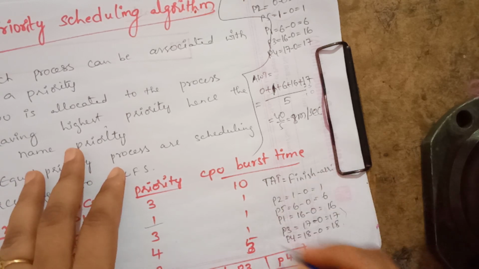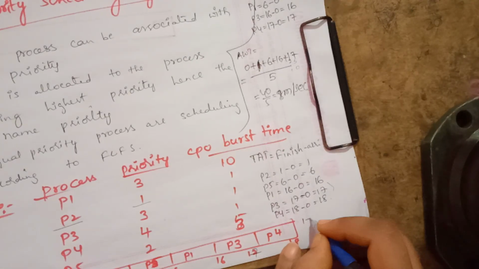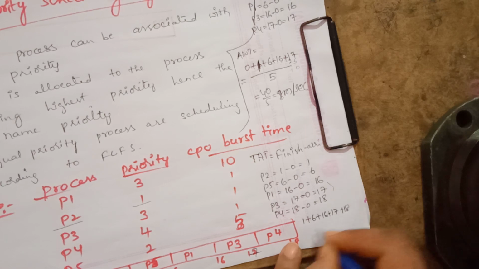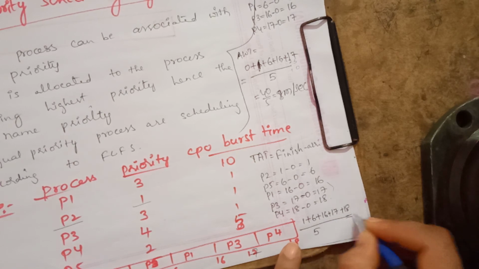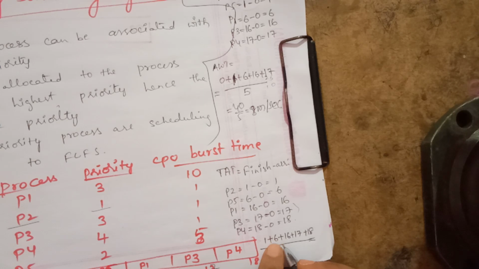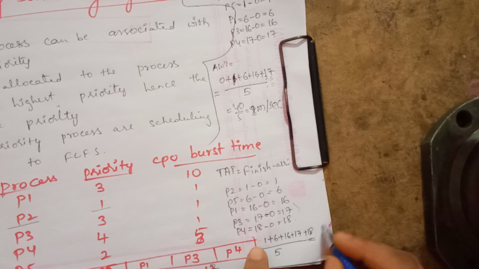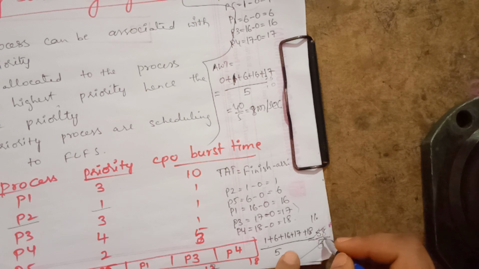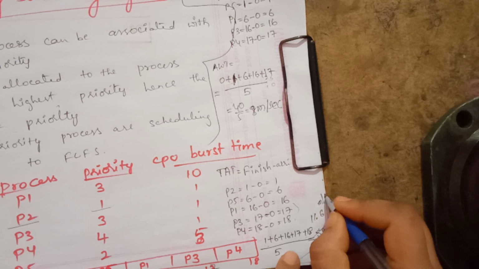So the average turnaround time is 1 plus 6 plus 16 plus 17 plus 18, divided by 5. That is 58 by 5, which is 11.6 milliseconds.